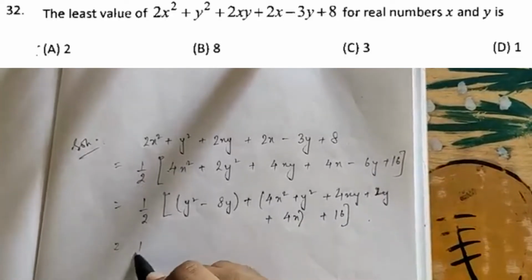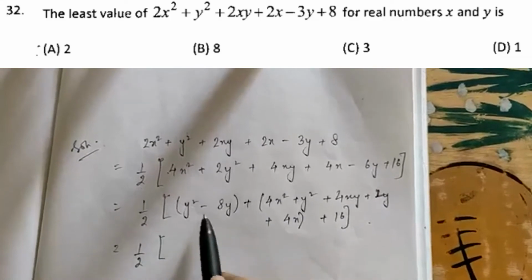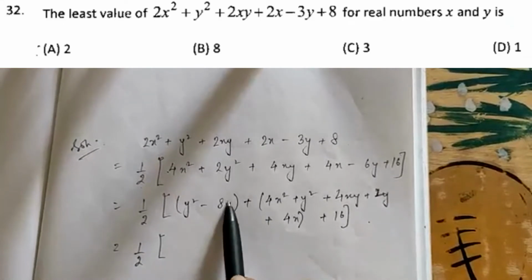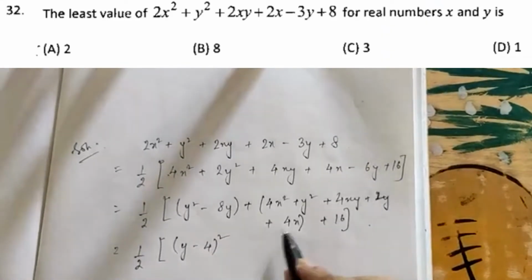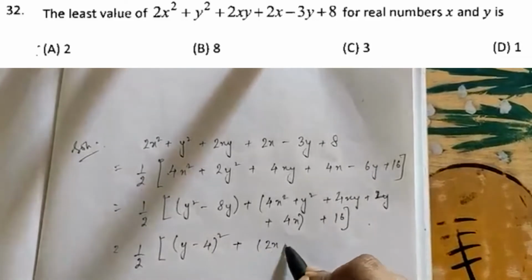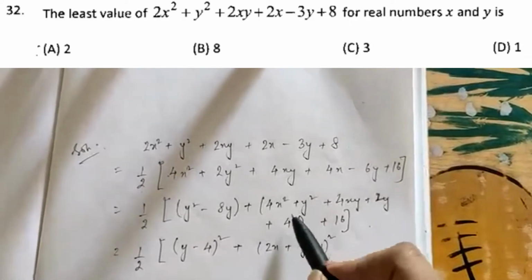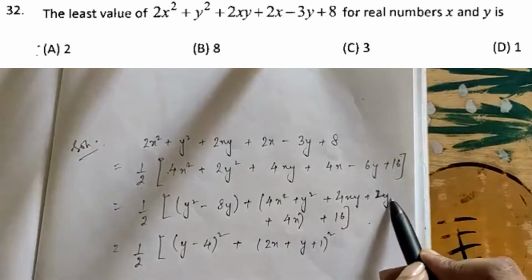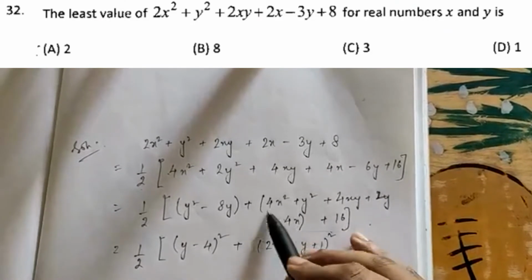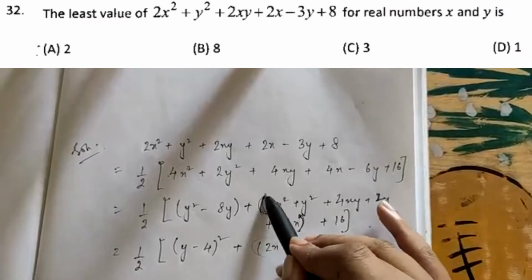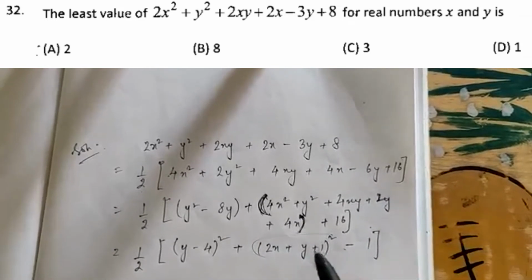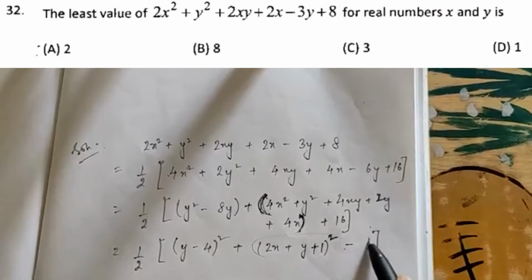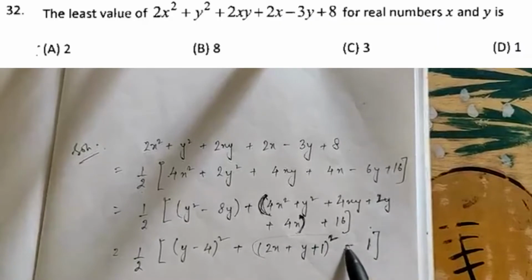Okay, now can you see that y square minus 8y, I can write it as (y minus 4) whole square because this plus 16 is there, plus (2x plus y plus 1) whole square, 4x square plus y square plus 4xy plus 2y plus 4x, this term is this one, under the second bracket that I have used here, minus 1, this 1 square has to be combined with another minus 1 to neutralize it.